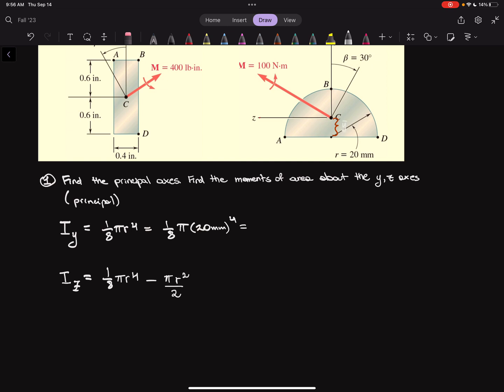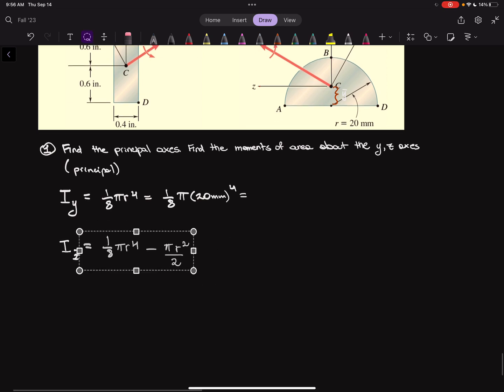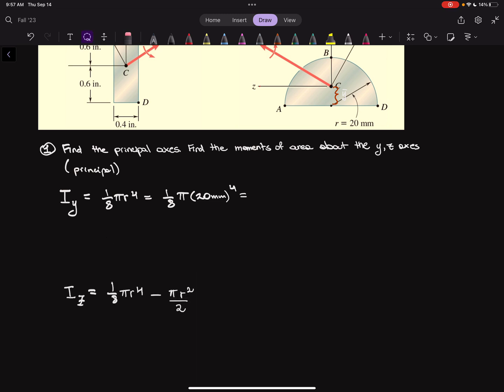y. So to find y, we're going to have to find that first. That's the point where the centroid is. So if you go to the page of the centroid for that shape, make sure it's the semicircular area, not the semicircular arc, because the semicircular area has mass within its area.